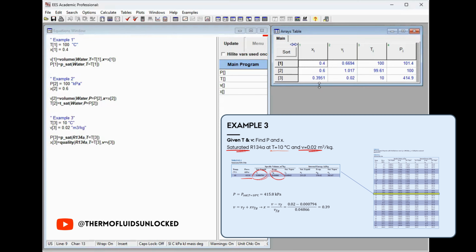It looks a little bit different from what is provided, but these kinds of differences are okay in the context that we want. And later for quality, we can use the mathematical relation between this effective specific volume of the mixture, and then find X as V minus Vf divided by Vfg, which is 0.39, and EES just gave the same number to us.